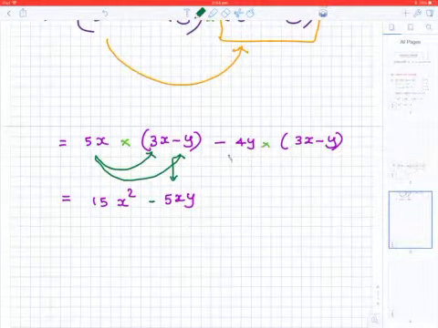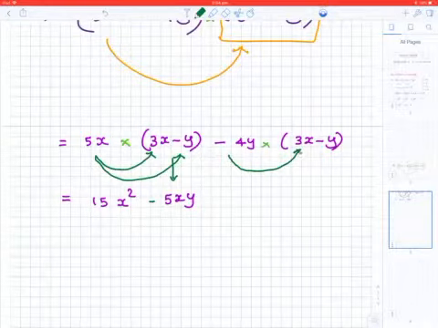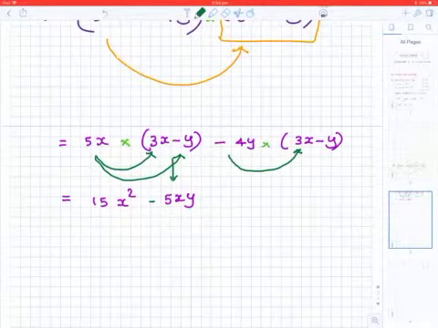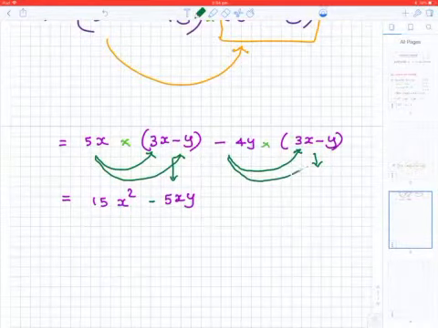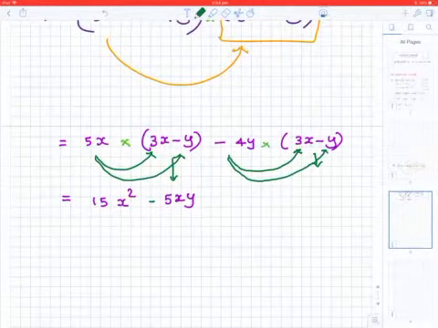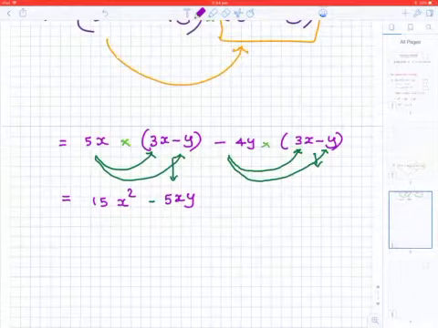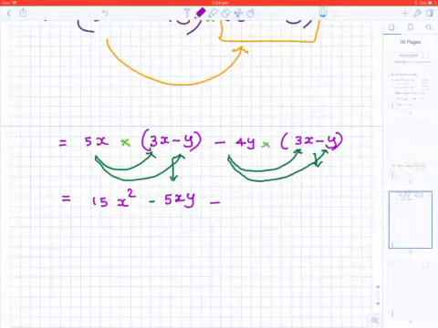Now, likewise, I have to do the other two terms. I'm just going to write minus 4y times 3x, and then that minus comes down, then minus 4y times y.